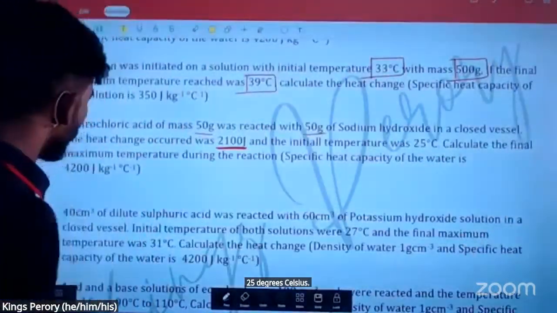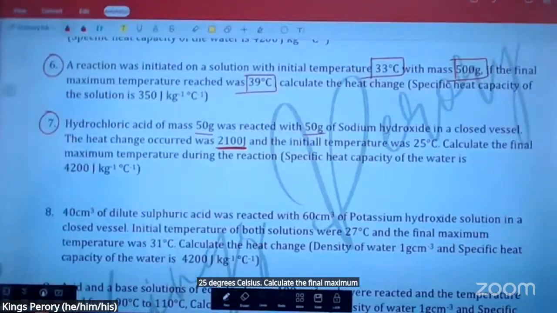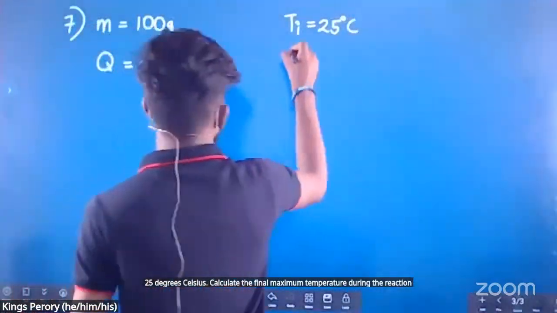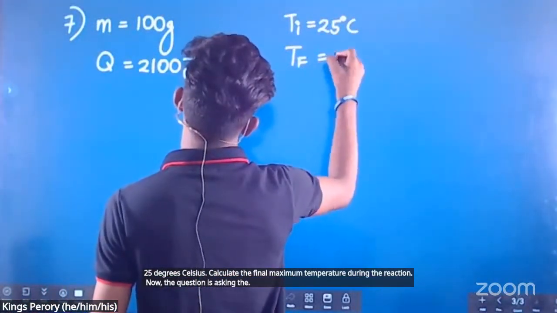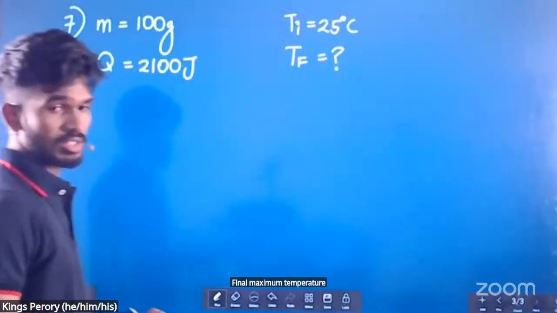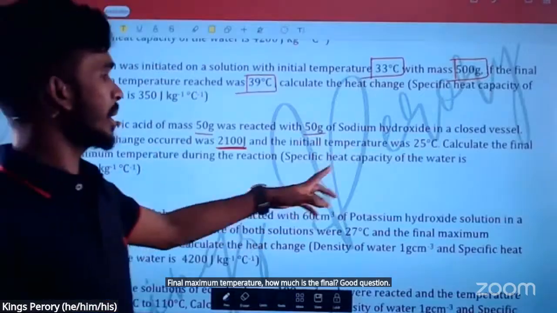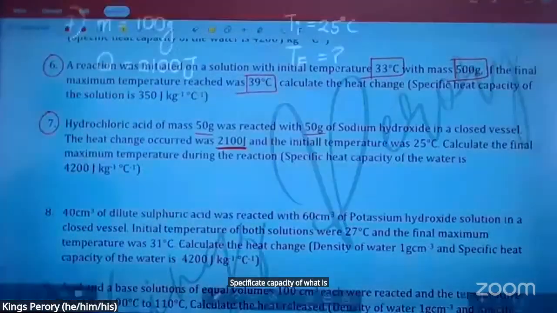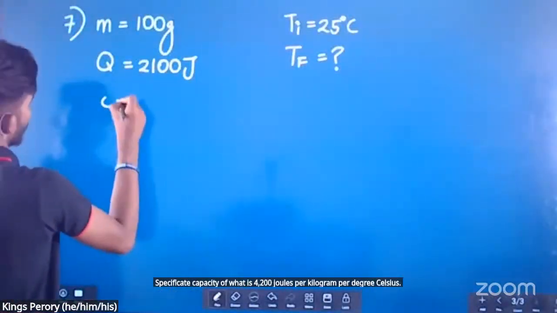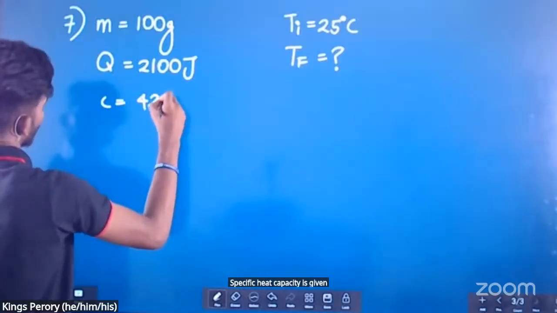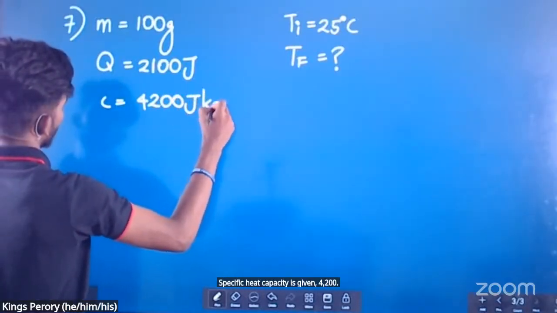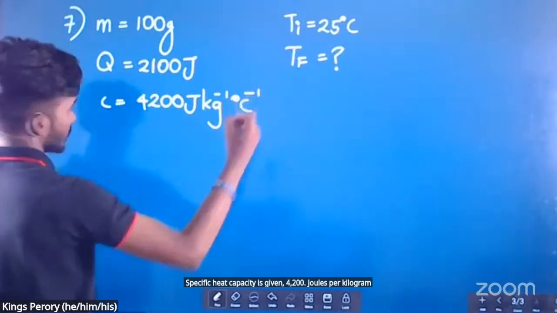Calculate the final maximum temperature during the reaction. The question is asking for the final maximum temperature. The specific heat capacity of water is given, 4200 joules per kilogram per degree Celsius.